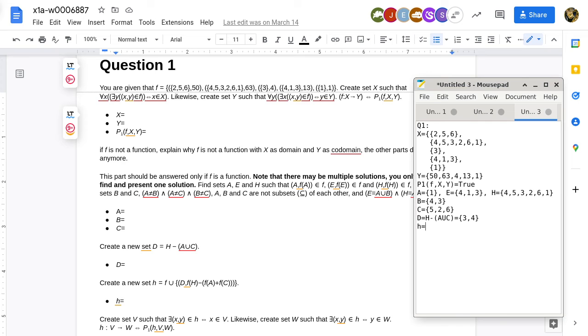Okay, so now let's try to answer the question. First of all, we want to know what is H. So H is whatever F has, and I'm not too concerned about whatever F has. I'm more concerned about the other side. What tuple am I going to create here? The first item of the 2-tuple is D, which we just figured out a little bit earlier. It only has the elements of 3 and 4.